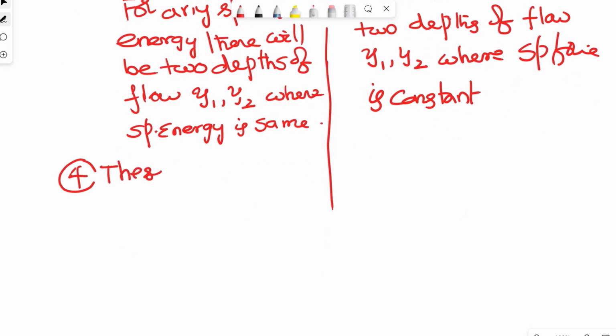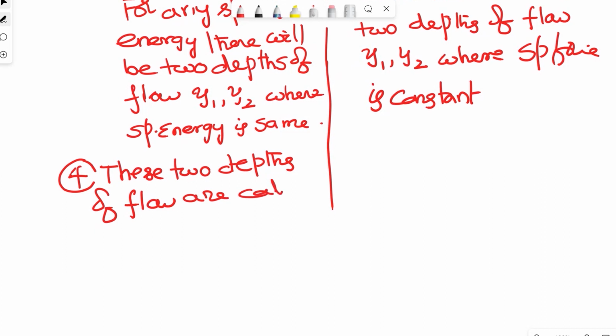These two depths of flow, where specific energy is the same, are called alternate depths.